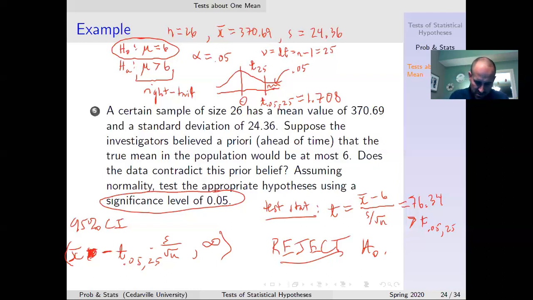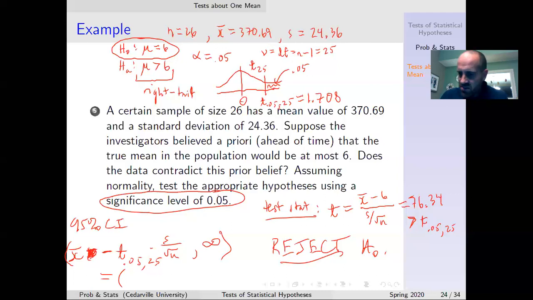So let's go ahead and compute this thing. What does this end up being? Well, x bar, which is 370.69. I subtract the t value. What's the t value? 1.708. 1.708 times s, which is 24.36, divided by the square root of n, which is the square root of 26.